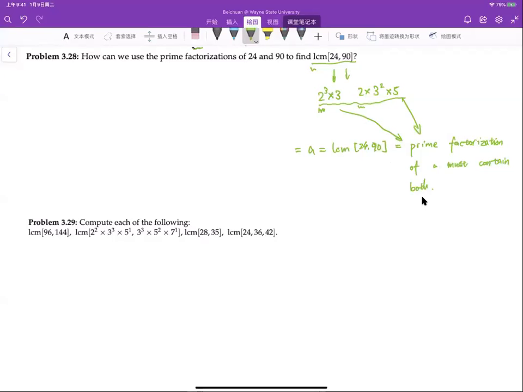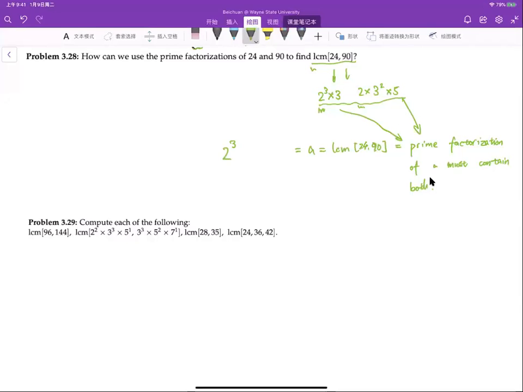Okay, Genova. Prime factorization is basically like you look at the numbers that have the same base, and then you look at the ones which are bigger. So for 2 cubed times 3, that's one, and 2 times 3 squared times 5 is the other. 2 cubed and 2 are the same base, but 2 cubed is bigger, so you take 2 cubed.